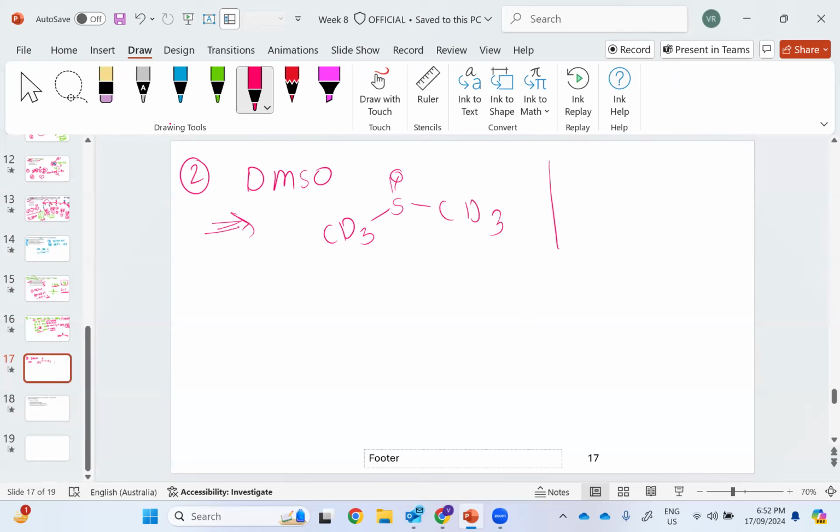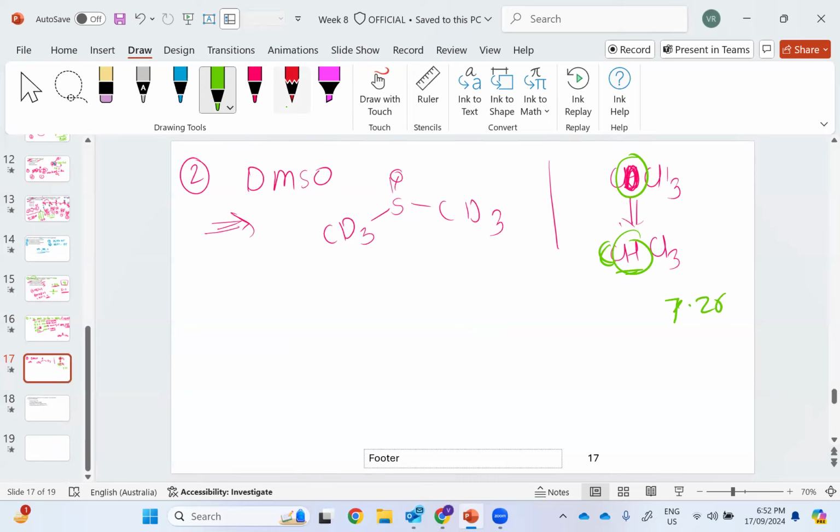As we've seen already in CDCl3, there is a possibility that the deuterium is not replaced and CHCl3 is present, because we cannot deuterate 100%. Some hydrogens still remain, and that hydrogen shows at 7.26.